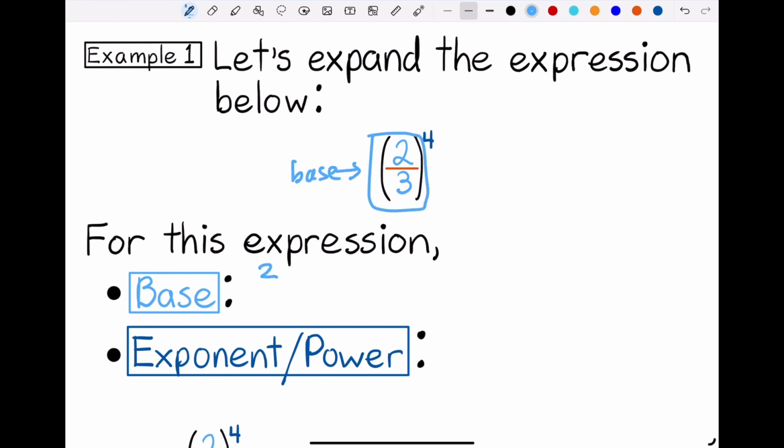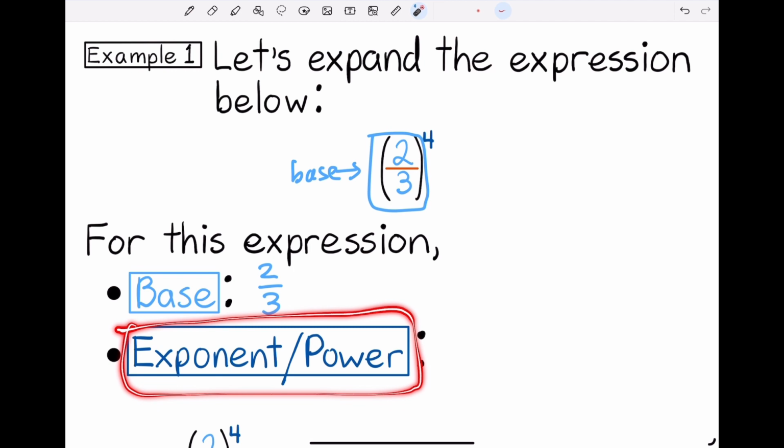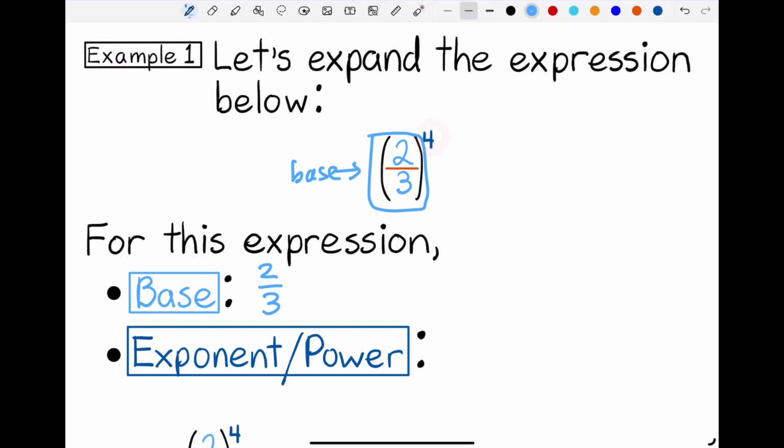And the 2/3 will be the number we multiply repeatedly. The exponent or power is usually written in the upper right corner in the exponential expression. And you look here, we have the 4 in the upper right hand corner, so that means the 4 is our exponent, or also called the power. So our exponent power is 4.